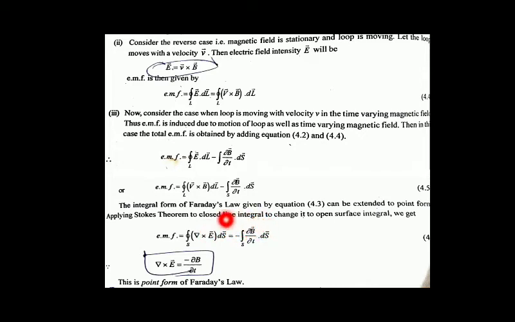By differentiating both sides, we have del cross E equal to minus dB by dt. This is the point form of Faraday's law. Clear?